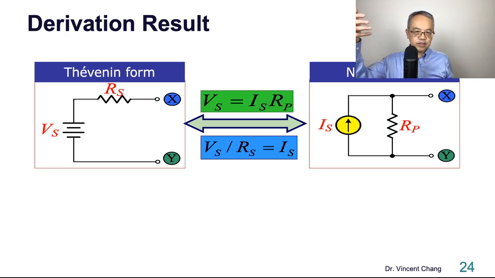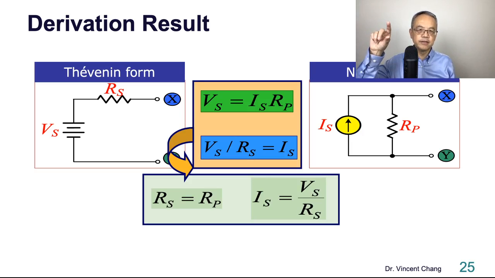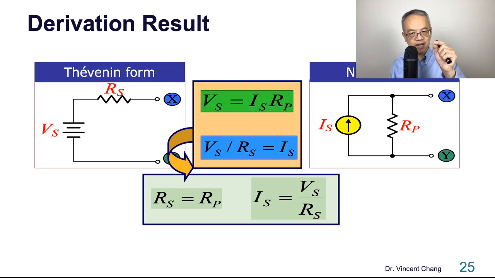Let's combine these two cases. The first one is open circuit output. The second one is short circuit output. Solve these two equations together simultaneously, and this gives us the result. The first one, Rs equals Rp. The second one, Is equals Vs divided by Rs.